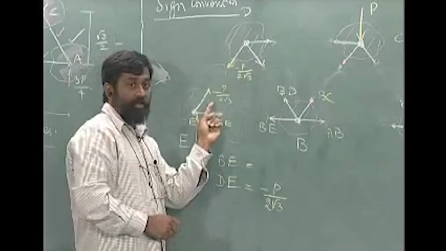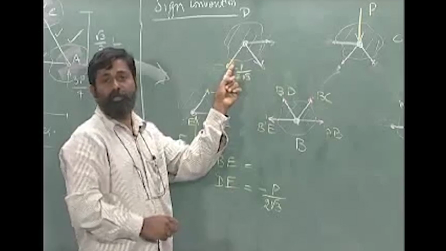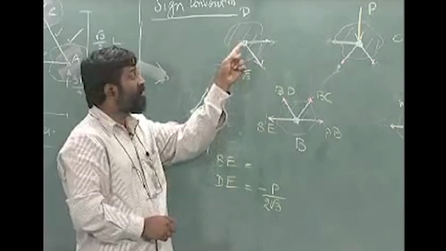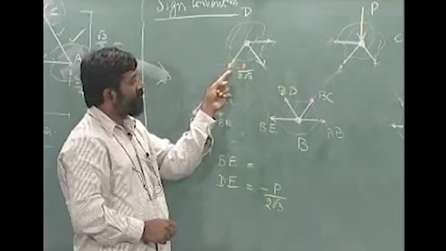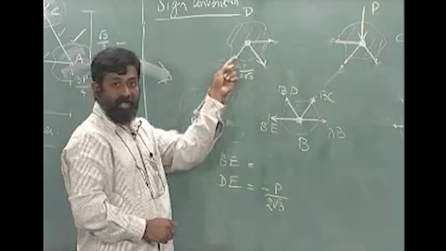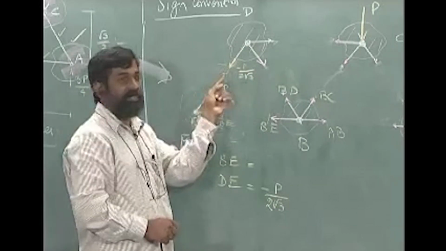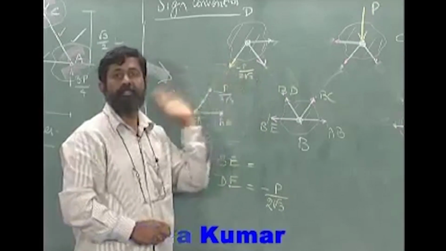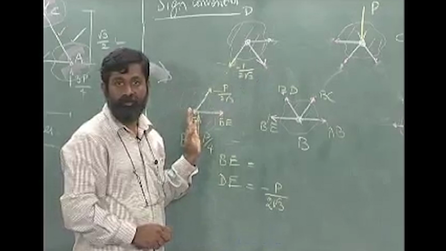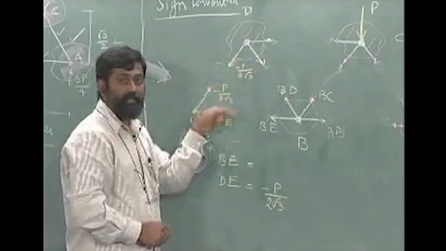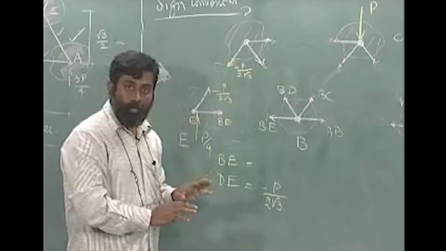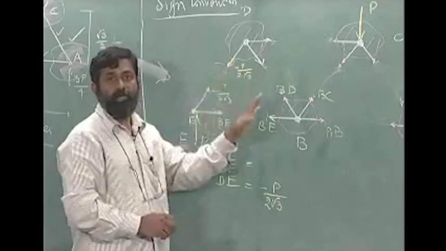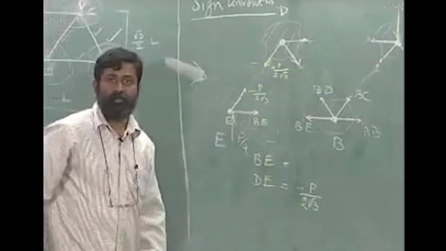If this I got as minus, this also should be minus. When I solve at D, this particular direction is taken as it is and the magnitude is taken as minus P by 2 root 3. This is important to note. Okay. If this sign convention is not done properly, you will get into results that are not correct.